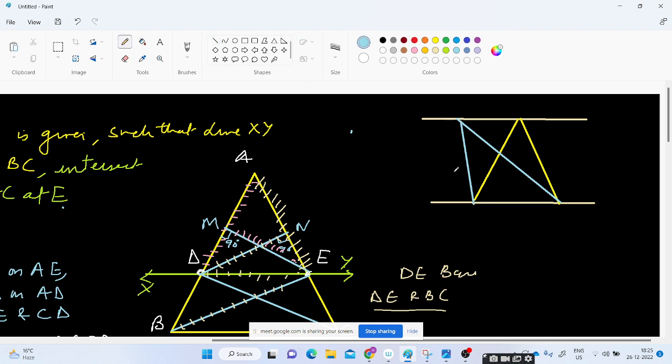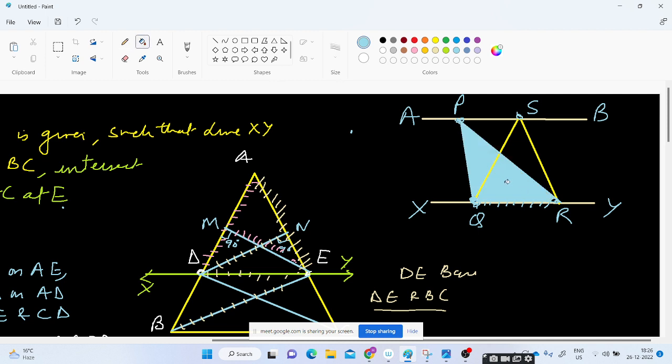Because their base is the same and they are lying between the same parallels AB and XY, the area of triangle PQR is equal to the area of triangle SQR. This is the class 9 theorem, so keep this in mind. The area of this triangle and the area of these two triangles are the same.